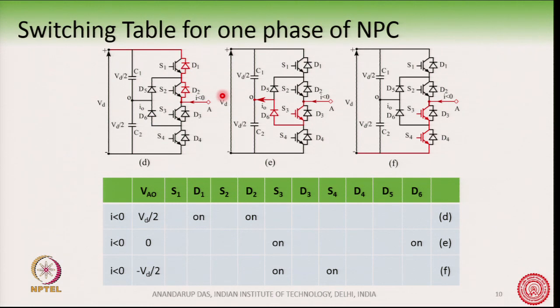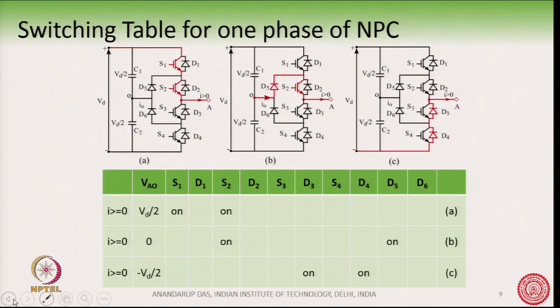So, we will just give the pulses to S1 and S2. Now, next case, when we want VAO to be 0, what shall we do? We will give pulses to S2 and S3. You can compare this figure with this figure. I will give pulses to S2 and S3, withdrawing the pulses to other switches.